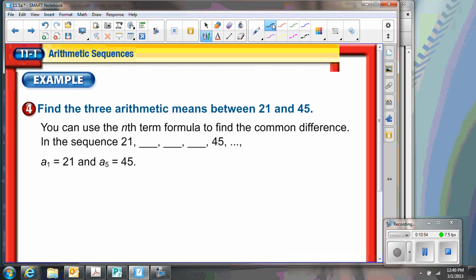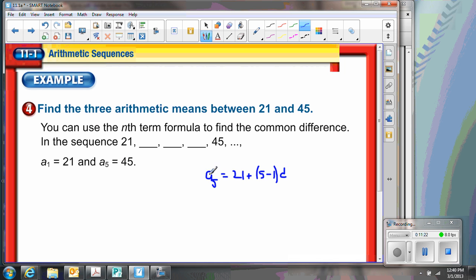From those two pieces of information, I'm able to set up my equation. So, I know the fifth term equals the first term plus n minus 1 times my common difference of d. Now, I plugged in the fifth term here.